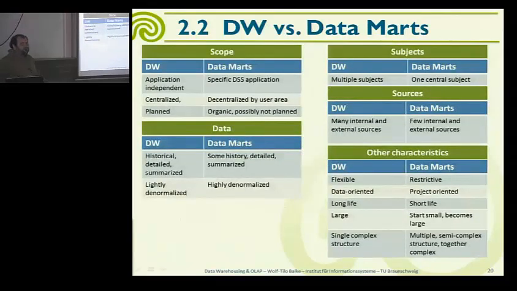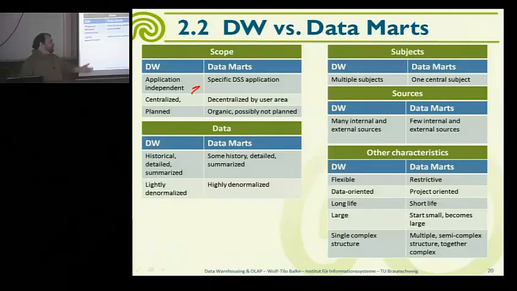Okay. So data warehouses versus data marts. In the scope, the data warehouse is application independent, centralized, and planned. The data marts are built for a specific application. They are decentralized by nature, and they are probably planned, but they evolve as the application evolves. Same for the data.